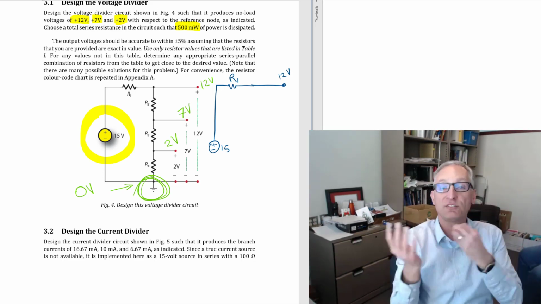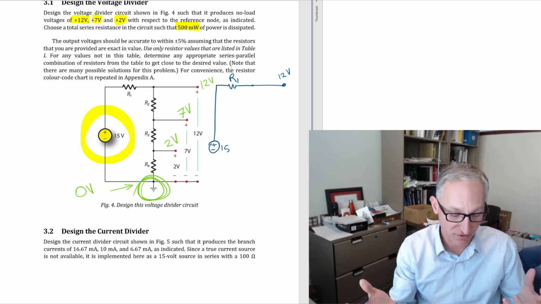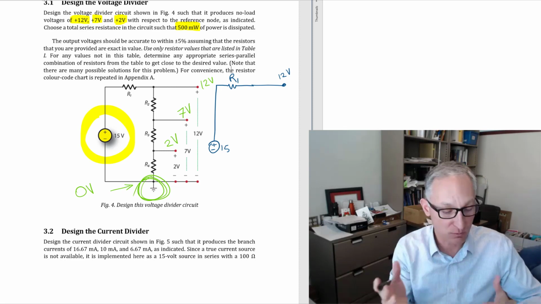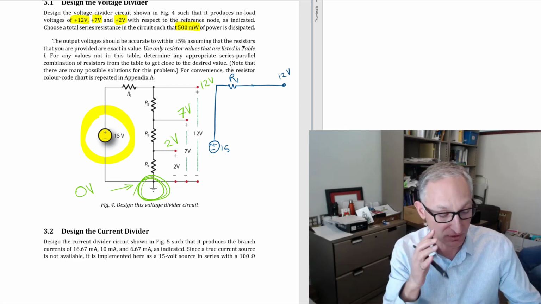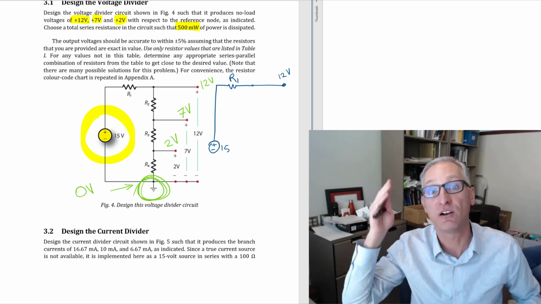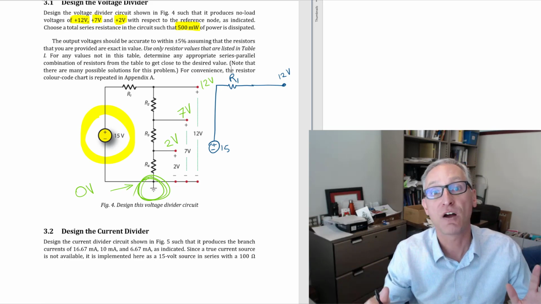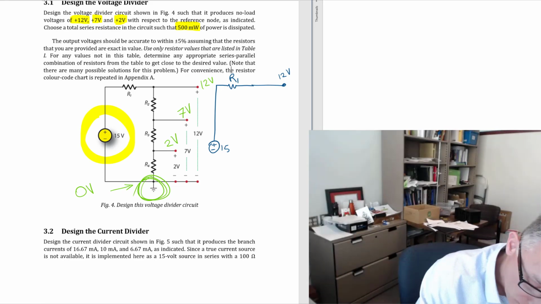But now, you have to make that R2 resistor out of the resistors that you have available, and it has to comply with the calculations you've made to get the 12 volts, the 7 volts, and the 2 volts from that voltage divider, and all of them together dissipating 500 milliwatts. So now that R2 resistor could be a series parallel combination of resistors.